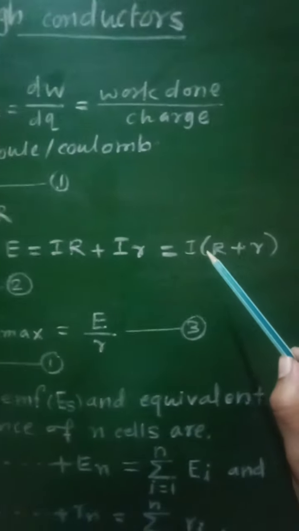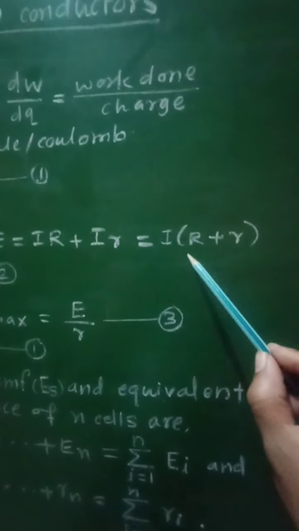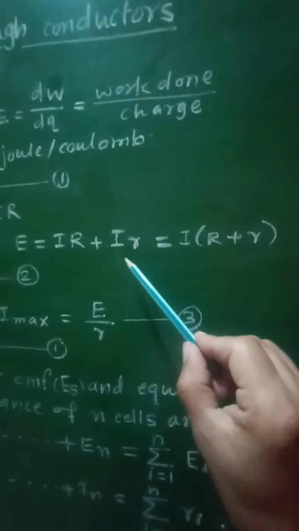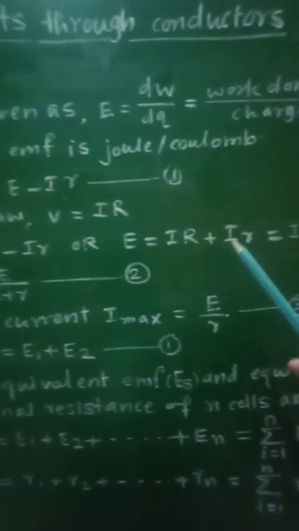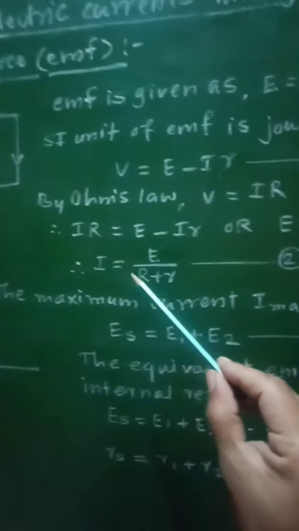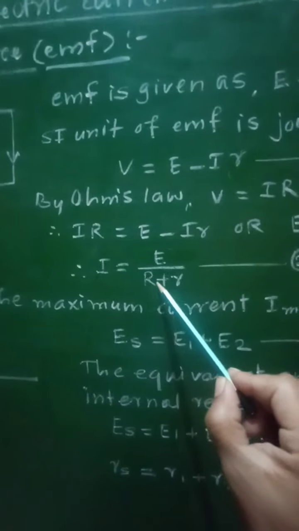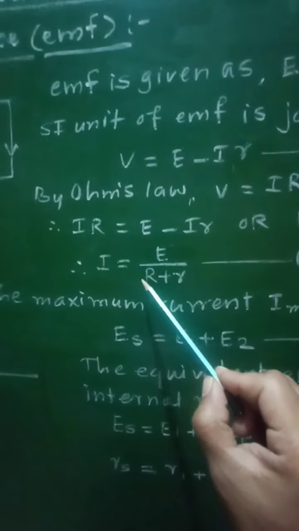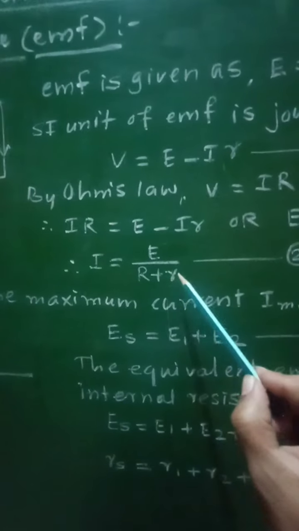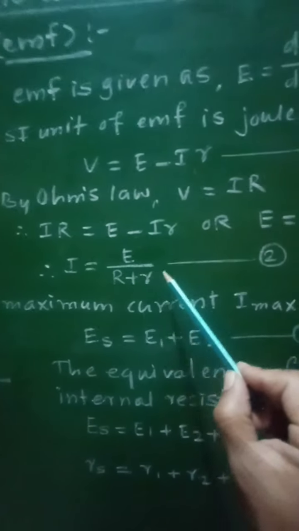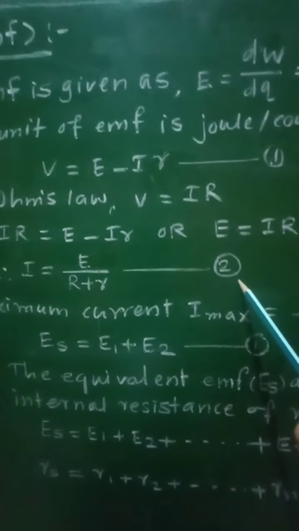That will be written as I into R plus r, taking I common. Therefore from this relation, the current through that device will be equal to E upon R plus r, that is, external resistance plus internal resistance, and let it be equation number 2.